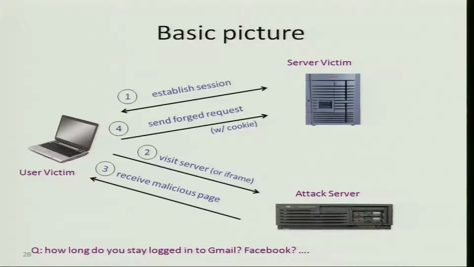Suppose there are two victims here. One is a user who has to be victimized, and the other is the site that you are targeting. Your main target is the site, but you have to use a victim user who has legitimate access to that site, and then you have an attack server.